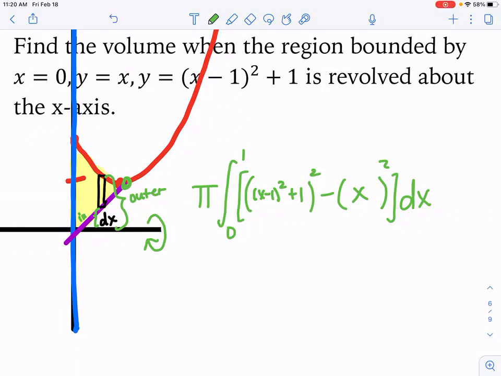Okay, did you get a fraction? So without pi, you got what? 23 over 15.